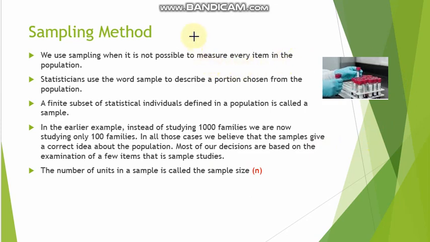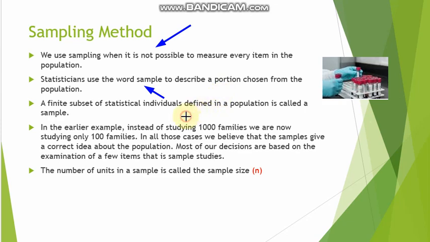We use sampling when it is not possible to measure every item in the population. Statisticians use the word sample to describe a portion chosen from the population. A sample is always some subset of the population. It is some part, some section, or some region of the population.